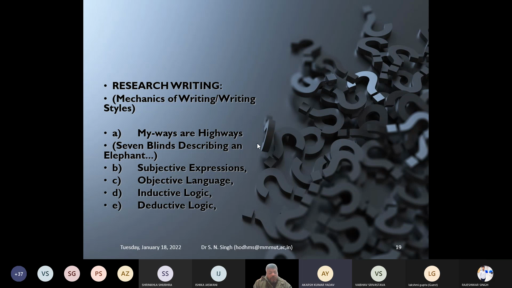In general terminology, inductive logic begins with the part and ends up as the whole. Then there comes deductive logic as well. Let us talk about certain examples of inductive logic.